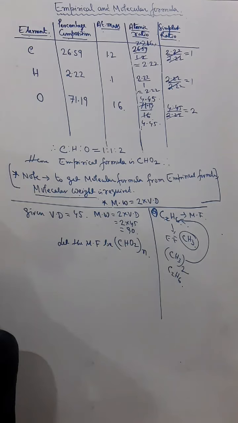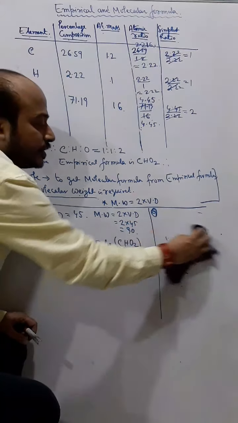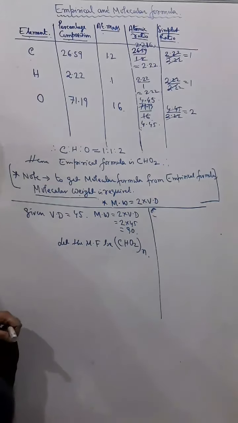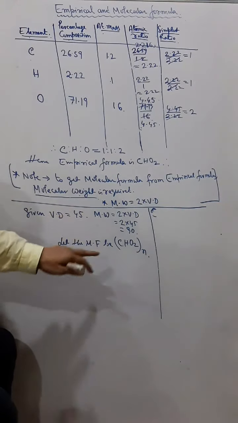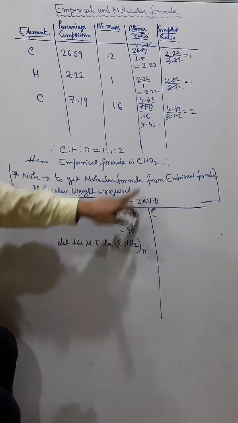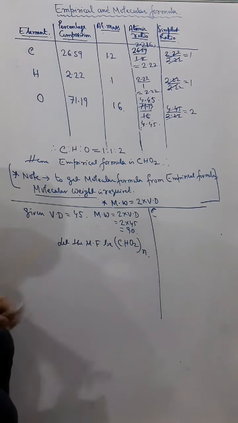Understand? That is the concept of empirical and molecular formula, and hence we take the molecular formula as (CHO2) whole N, where CHO2 is the empirical formula we got.